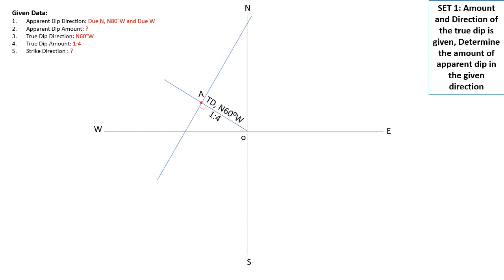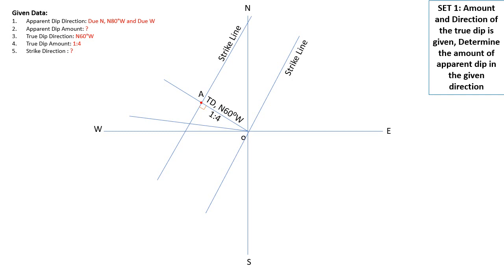Okay. Now we will transfer that line. We'll draw one more line here which is parallel to that strike line. Then what is the required answer? We need to find the apparent dip amount in the given directions. So what are the given directions?